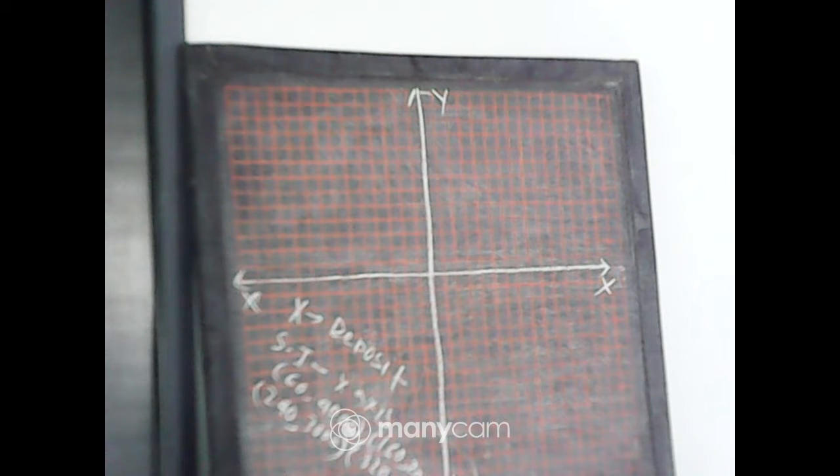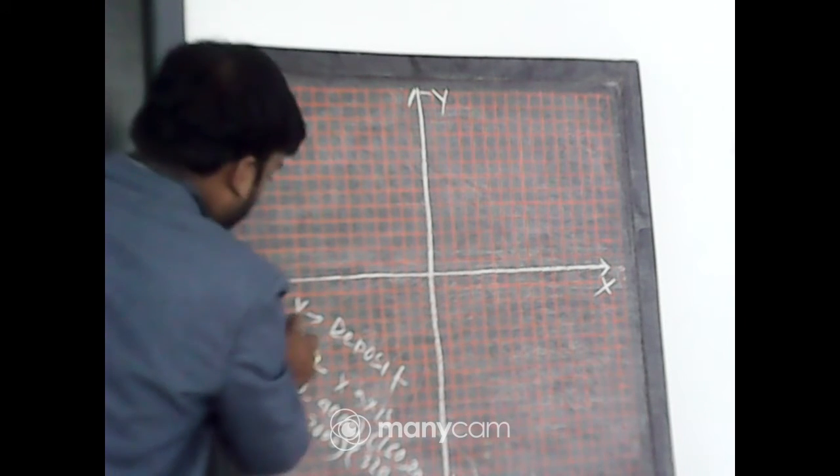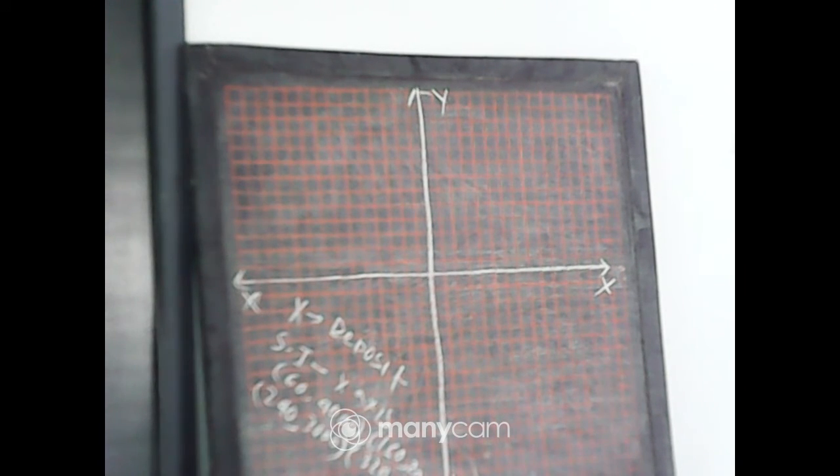So along this horizontal line is simple interest, and along the vertical line is deposit. So it is a mistake by the student, along the y axis is deposit. Okay.